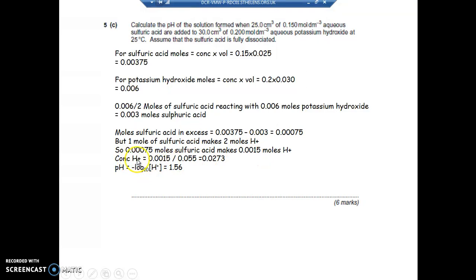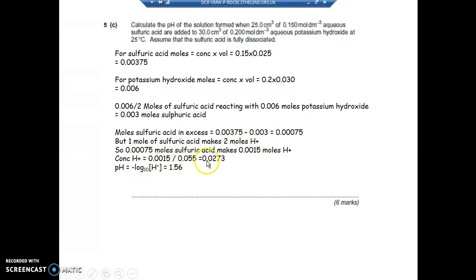Now, concentration of H+: concentration is the number of moles divided by volume. The new volume is 25 add 30, 55 centimeters cubed. Divide that by 1000 to get into decimeters cubed, 0.055. So the number of moles, 0.0015 moles, divided by the new volume, 0.055 decimeters cubed, gives the concentration.